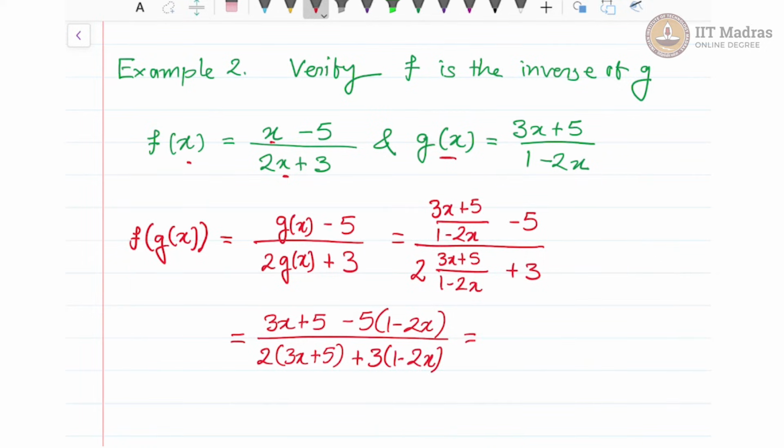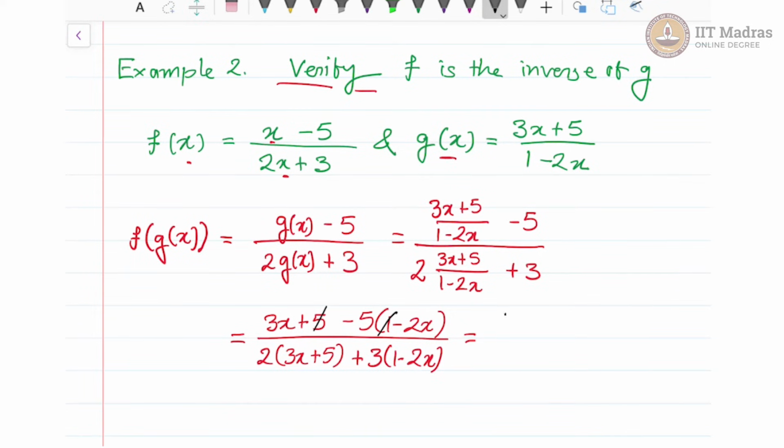So what is the question? We have to verify that f is the inverse of g. So essentially I want to come up with a function which is x. f o g of x is to be equal to x. This is my end goal. Just remember this. Now you can simply simplify this. 3x plus 5 minus 5 will get rid of this plus 5. Let me change the color over here. So this one will get rid of this. Then this is minus 2x minus 10x, and minus 10x will become plus 10x because of this minus sign, and then 3.